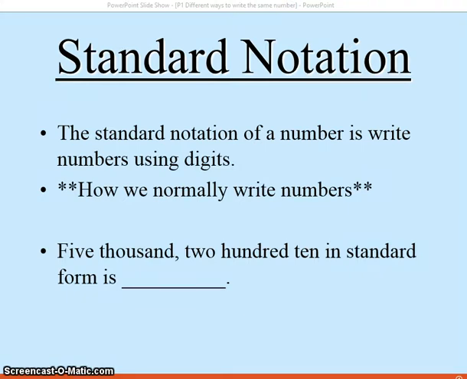Well, you would write, using digits, a 5 in the thousands place, a 2 in the hundreds column, and then 10. 5,210. This is a number written in standard form.